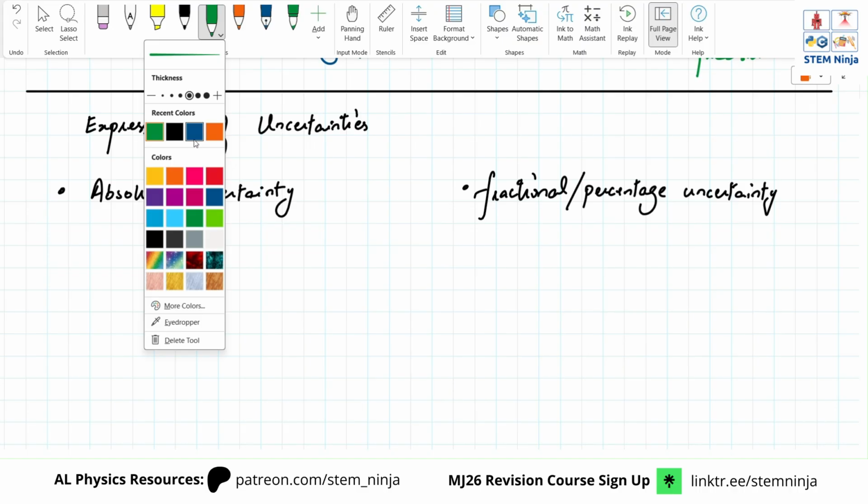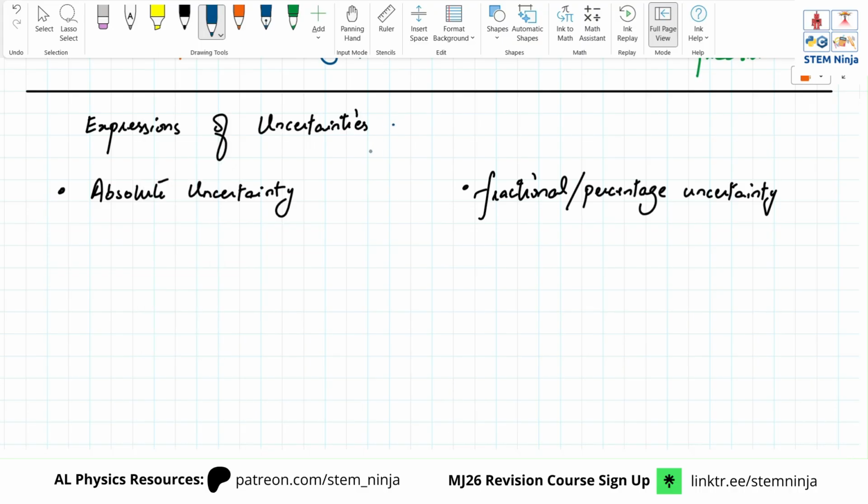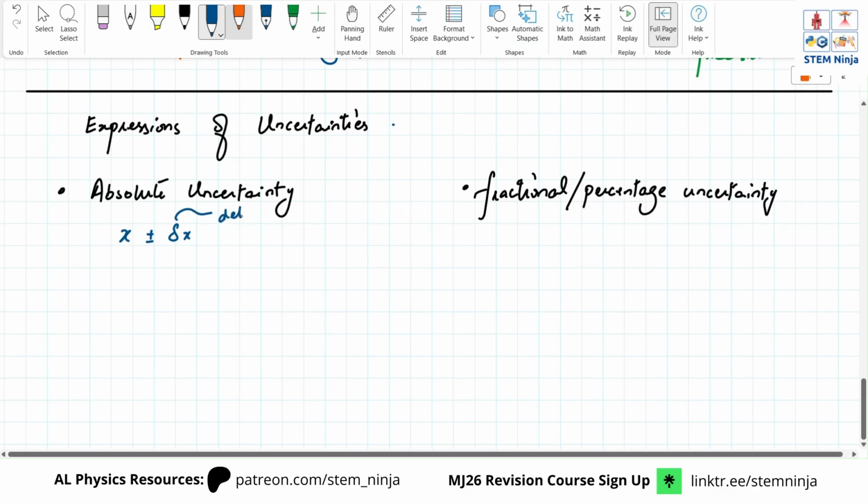Now, absolute uncertainty. So for example, if I have a quantity x plus minus delta x, this would be the absolute value, or absolute uncertainty. Sorry, this is delta, my bad, I misspoke. This is small delta.